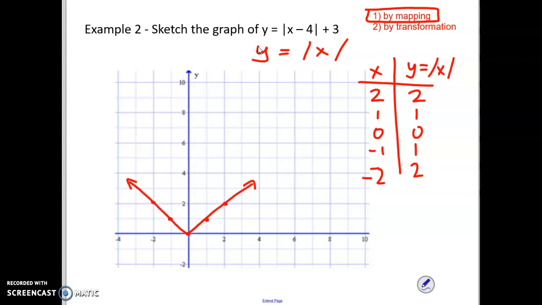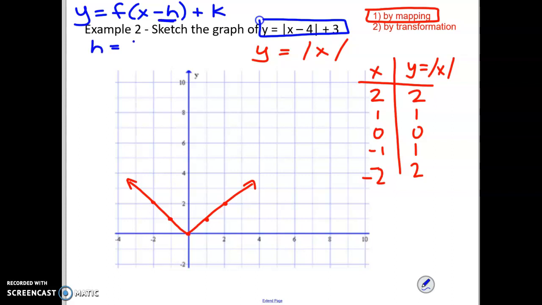Now we're going to include the minus 4 and the plus 3. When you think of our function notation, the minus 4 is in the h spot, so our h value is actually a positive 4. This whole graph is going to move 4 units in the positive x direction. The k value is the positive 3, so this whole graph is also going to move 3 units up.